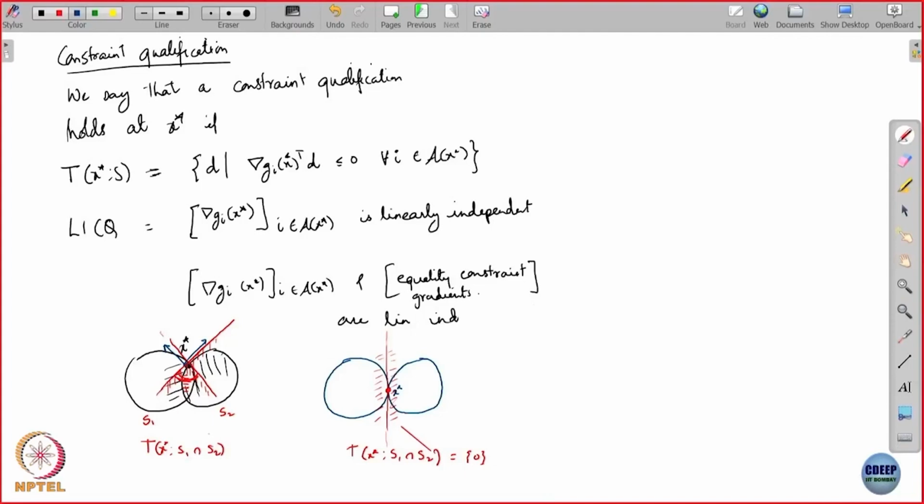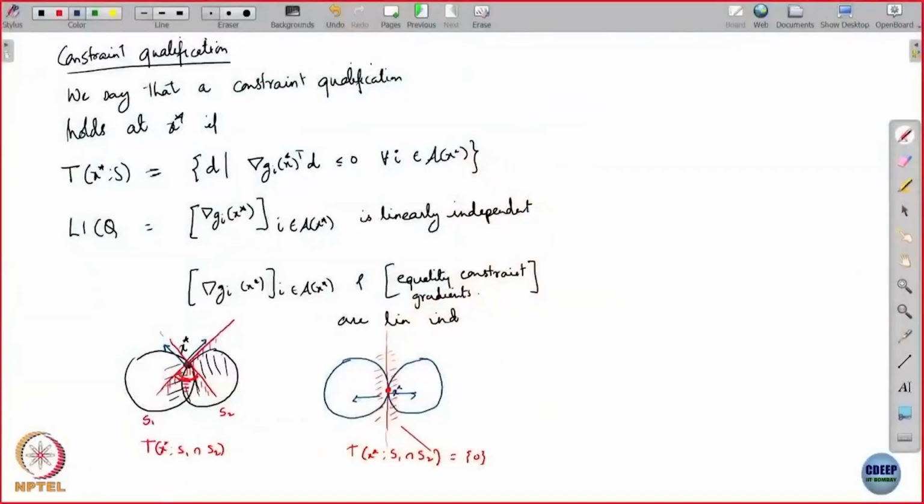That was all working out nicely because the gradients were linearly independent. Whereas in this case, because the sets are perfectly tangent at that point, the gradients are collinear, in opposite directions but collinear, right. So here again linear independence has failed.